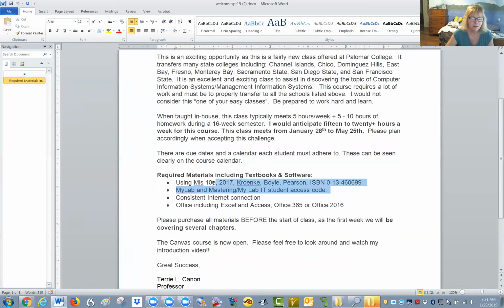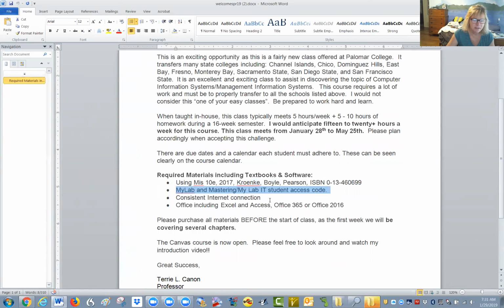The MyLab access code can only be bought at the bookstore or directly from the publisher. If you find it anywhere else, like on Amazon, it's probably a student access code that's already been used, and you will waste your money. I have no control over those or no ability to return. Just the publisher, the bookstore.